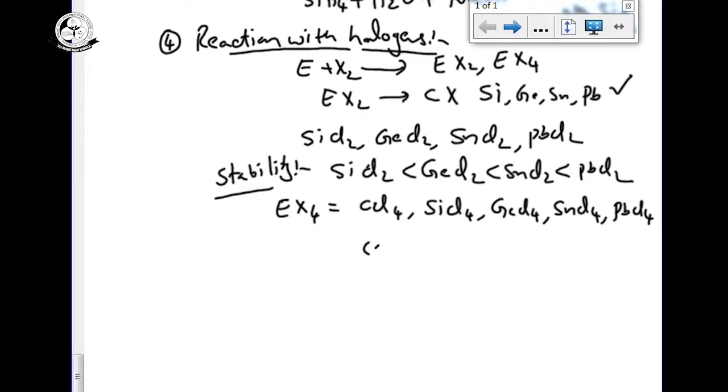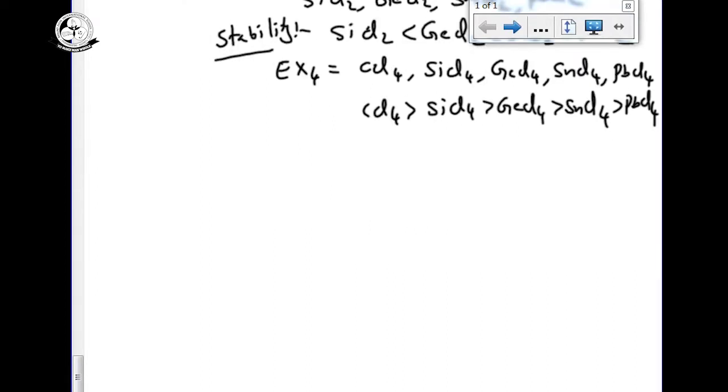So the most stable form is carbon tetrachloride, then SiCl4, GeCl4, SnCl4 and PbCl4. So we know that the +4 oxidation state decreases from top to bottom, and the +2 oxidation state increases from top to bottom.